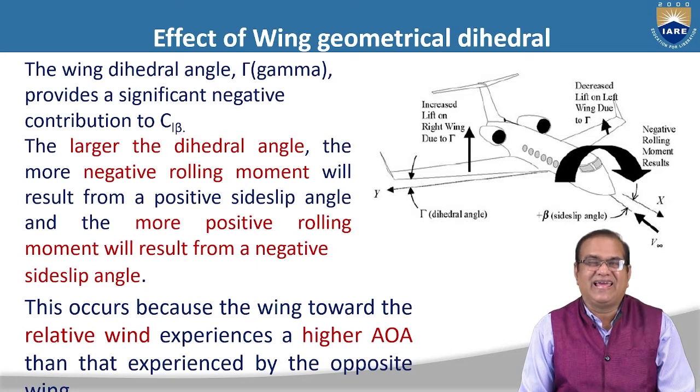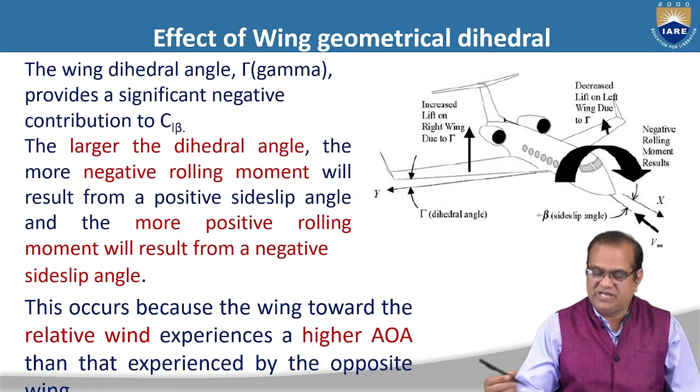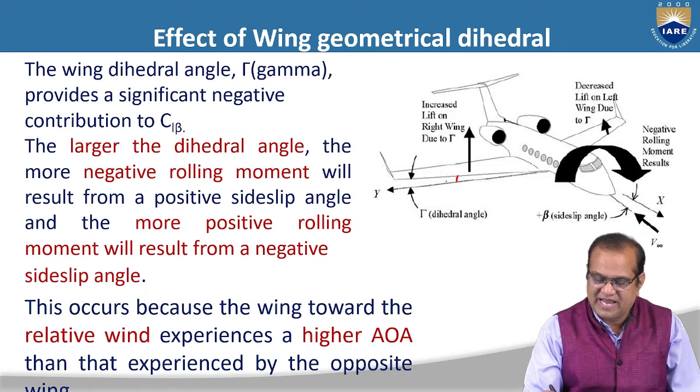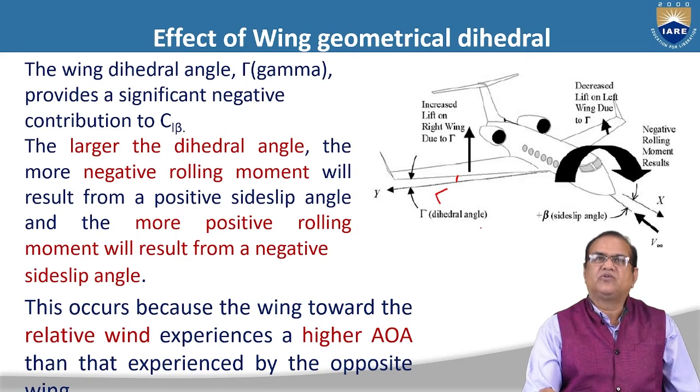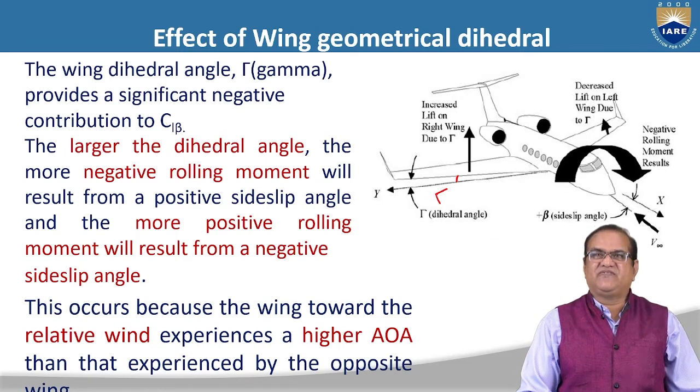This dihedral angle is given the name gamma. The wing dihedral angle, as shown here, gamma, provides a significant negative contribution to C_L beta.